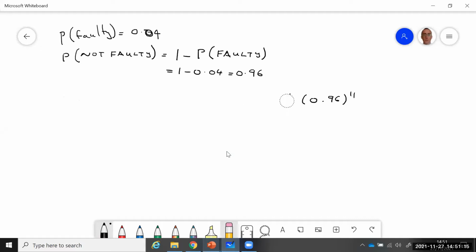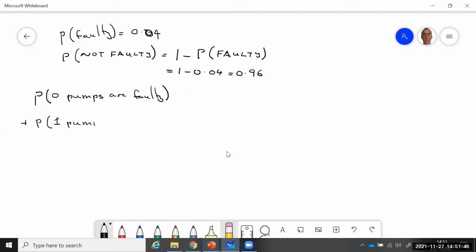When it says the probability that no more than 3 pumps are faulty, that allows the probability that 0 pumps are faulty, plus the probability that 1 pump is faulty, plus the probability that 2 pumps are faulty, plus the probability that 3 pumps are faulty.